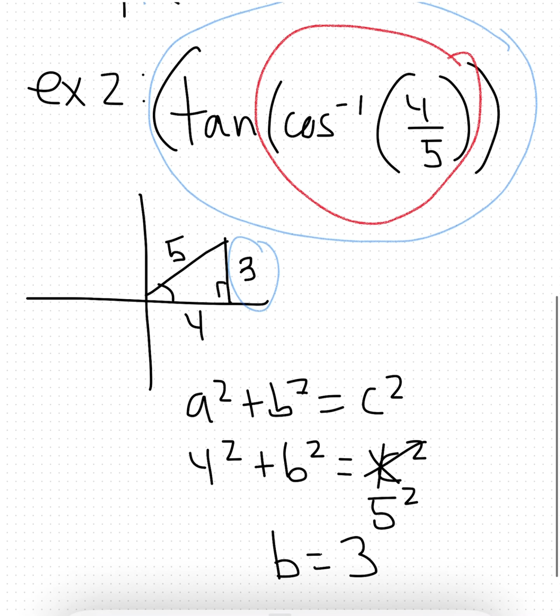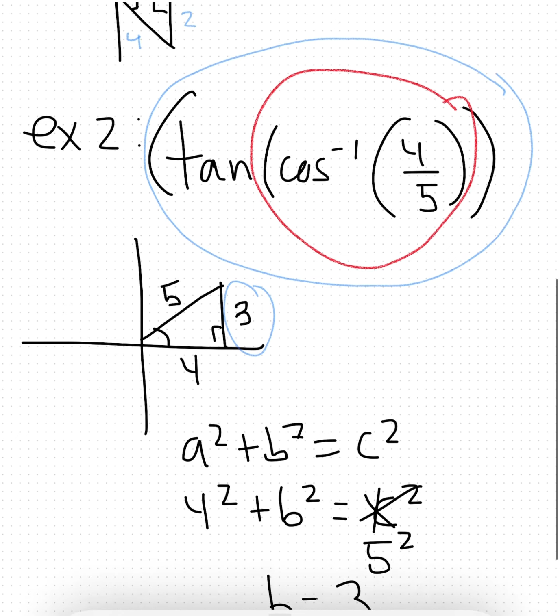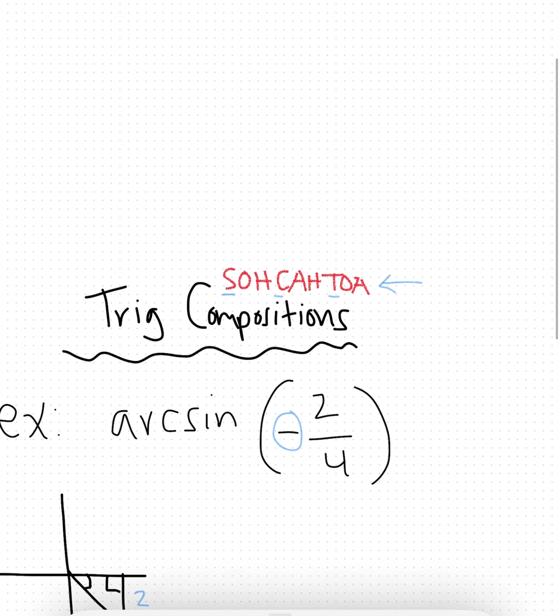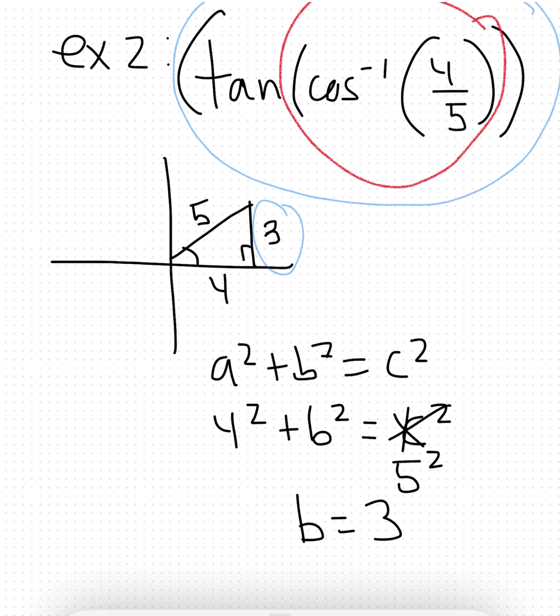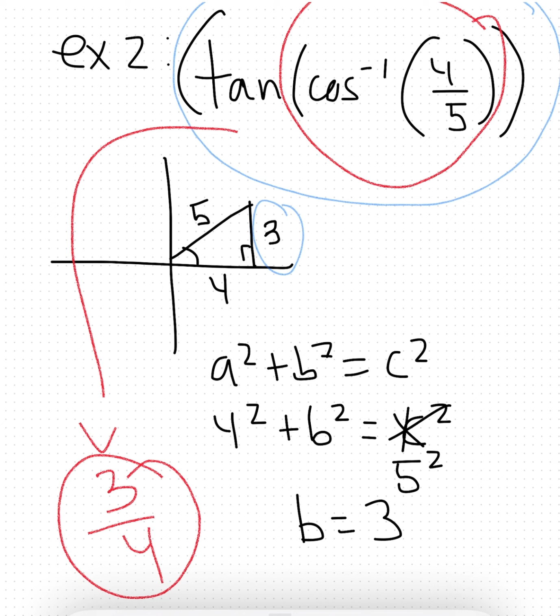And let's go back to our problem. We want to find tan of this triangle. So tan is what? Opposite over adjacent. So the answer to this whole problem would be 3 over 4, because this is the opposite, this is adjacent.